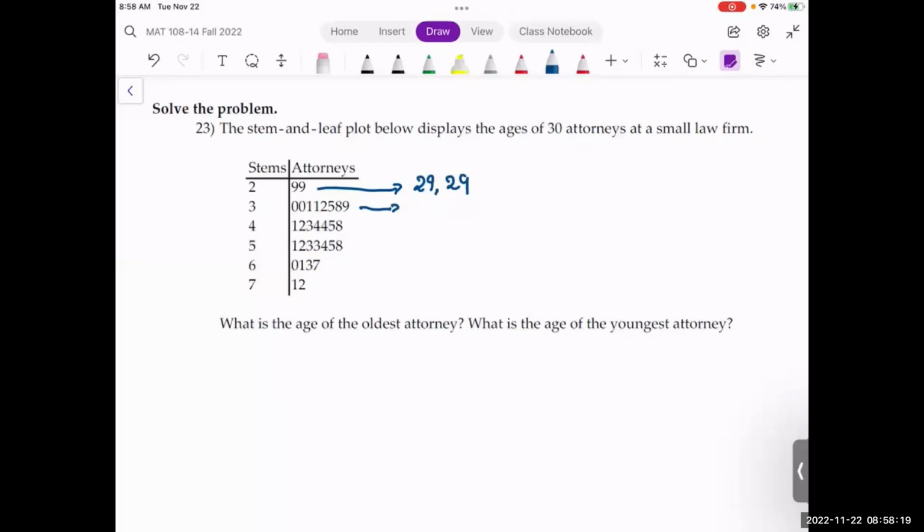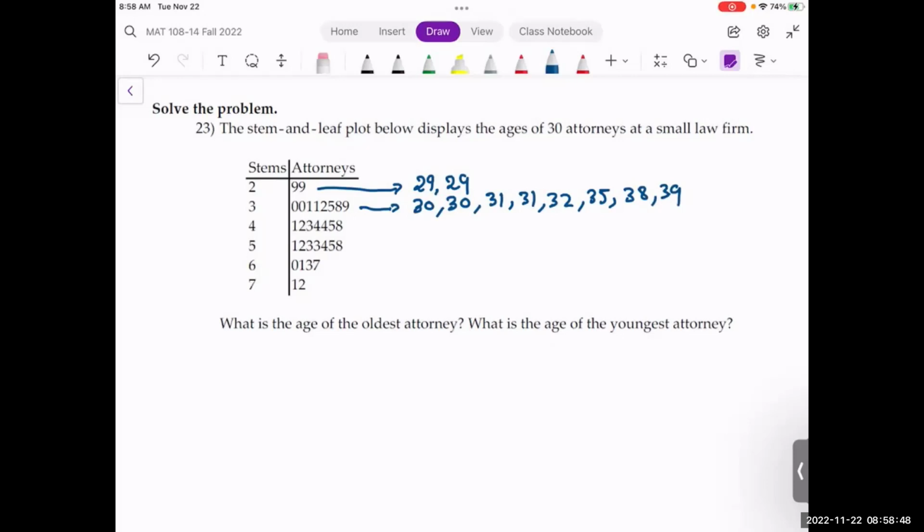They are 30, 30. No, 30 again, because I have two zeros, right? It means 30 and 30. And then what is the next number? 31, 31, 32, 35, 38, 39. Everybody okay with this? And so forth, all right?